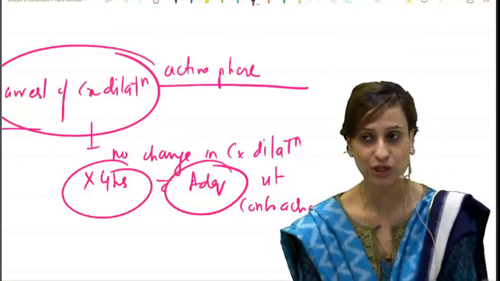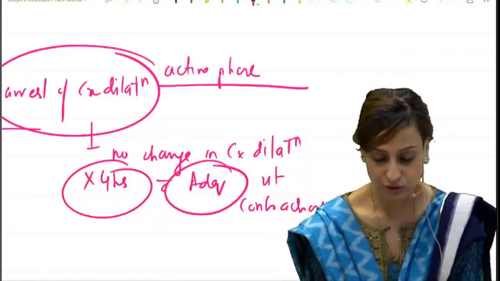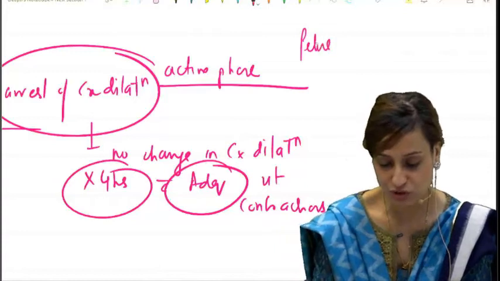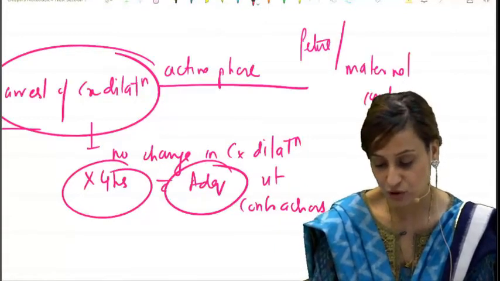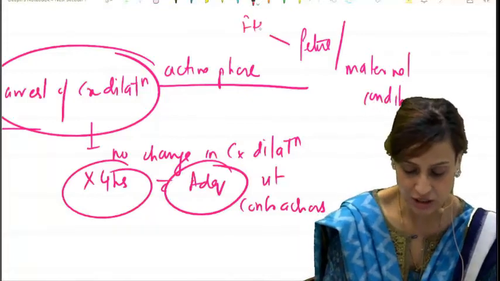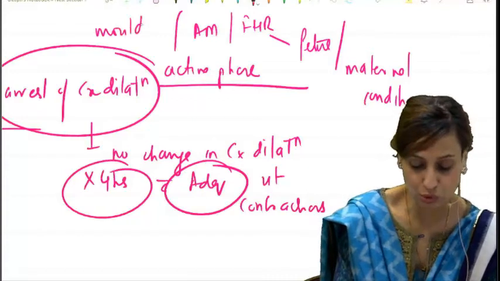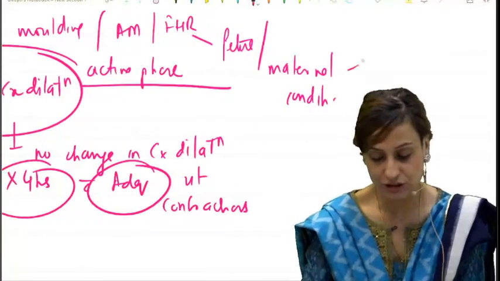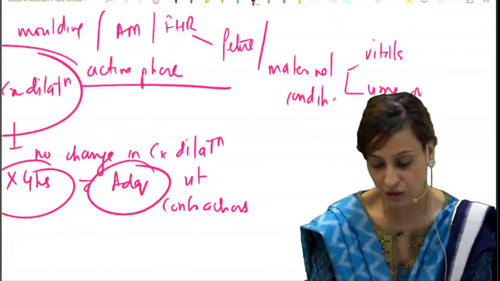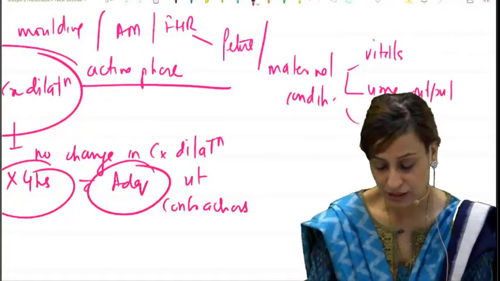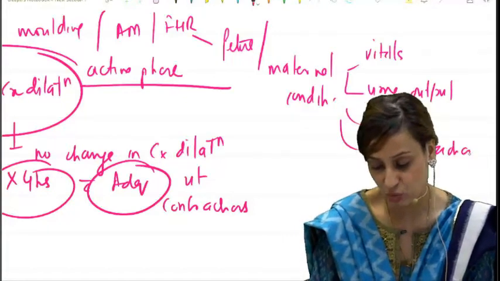So these are some very basic things that we do tend to ask about the partogram. Remember, the partogram would also tell you about the fetus and the maternal condition. So yes, we do record the fetal heart rate, the amniotic fluid, and the molding. In the maternal condition, we record the vitals, the urine output, the temperature of the woman, as well as the uterine contractions and what all drugs she is getting.